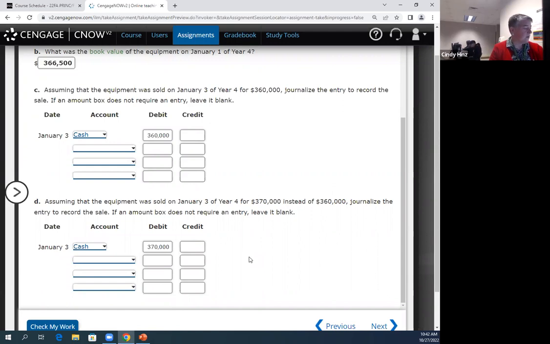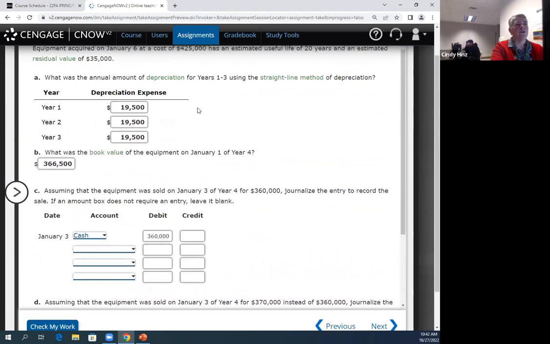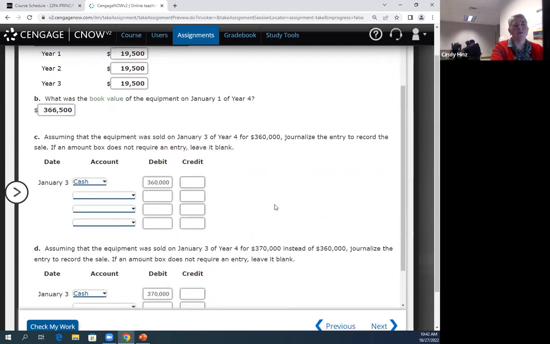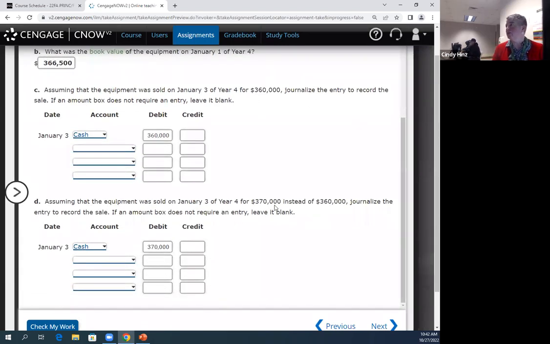Well, what else do we know? Well, this equipment that had an original cost of $425,000, if we think about how that's appearing right now on our financial statements, we show the equipment at $425,000, and then in the contra asset related account, we show the accumulated depreciation of $58,500.